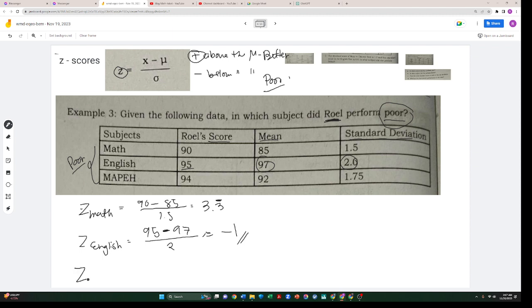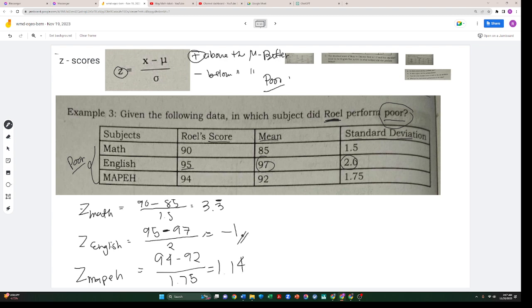Pero let's try with MAPE. 94 minus 92 divided by 1.75. So makita dai nimo na positive jud ang result ani, no? Kung positive, therefore mas better. Kung negative, which is poor or below the mean. So try nato 94 minus 92 divided by 1.75, which is 1.14.